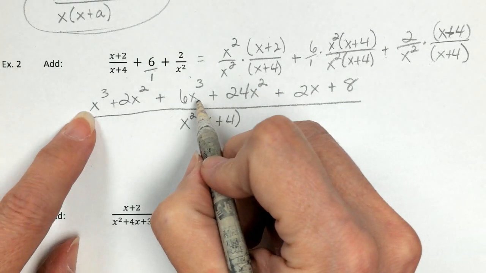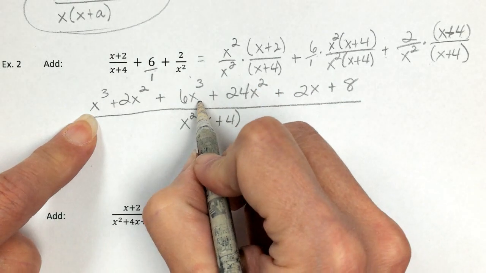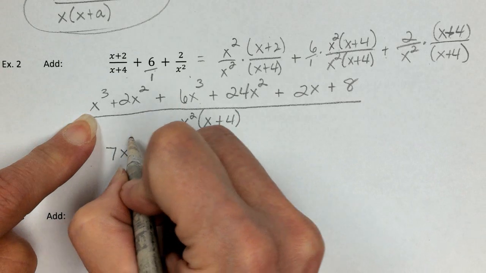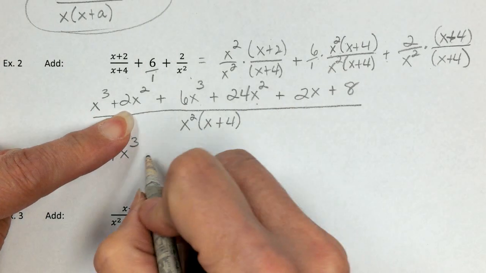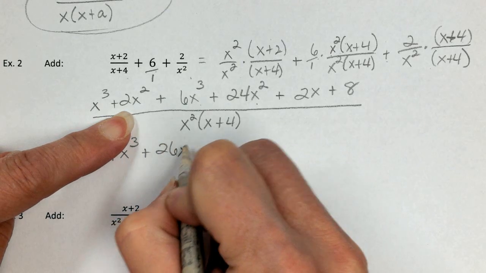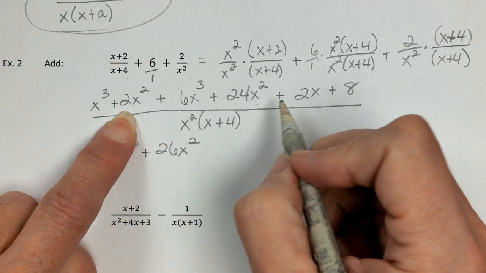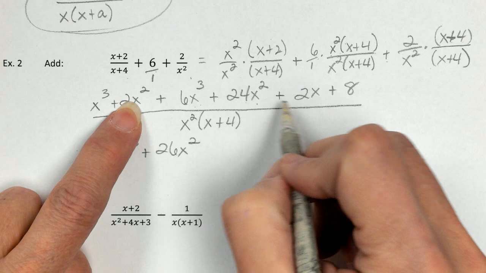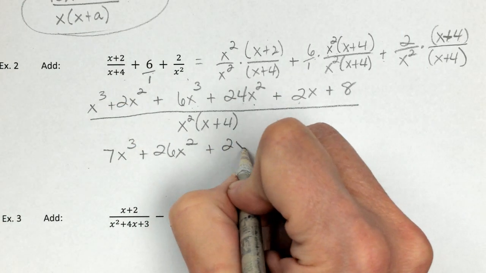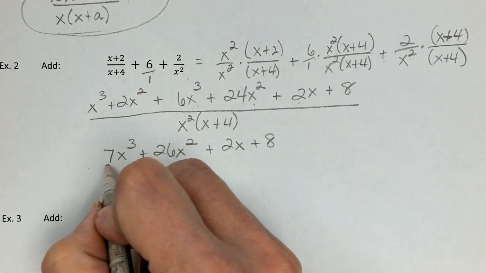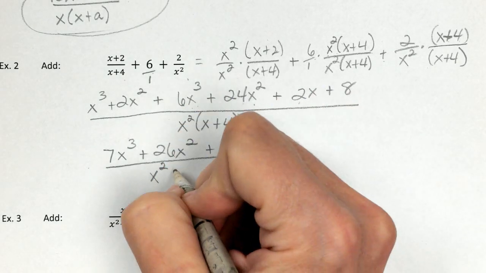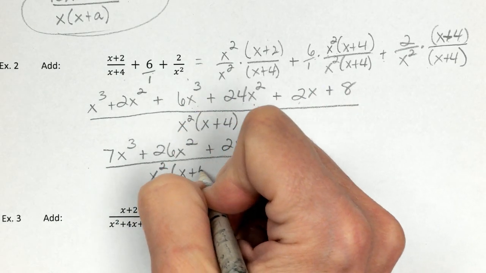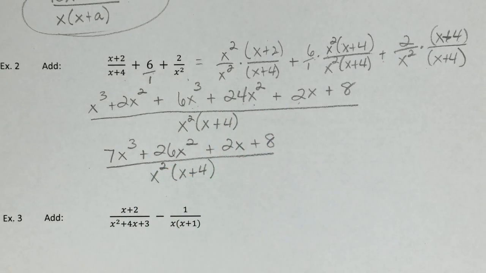And now I add like terms. So we have here 7x to the third, and then x squared, 26x squared, plus 2x plus 8, all over x squared times x plus 4.